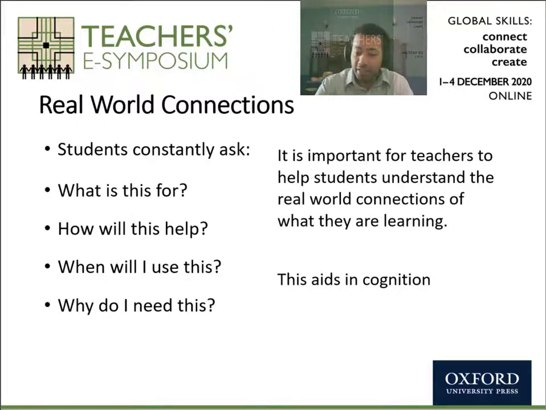Every company and every person has to be agile. So think about what that means. In fact, in this current scenario, the fact that we're having this E-Symposium should give you an idea of why flexibility is important.